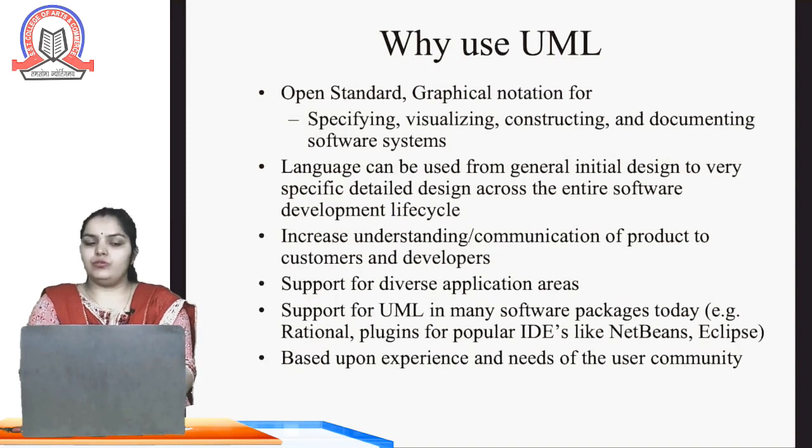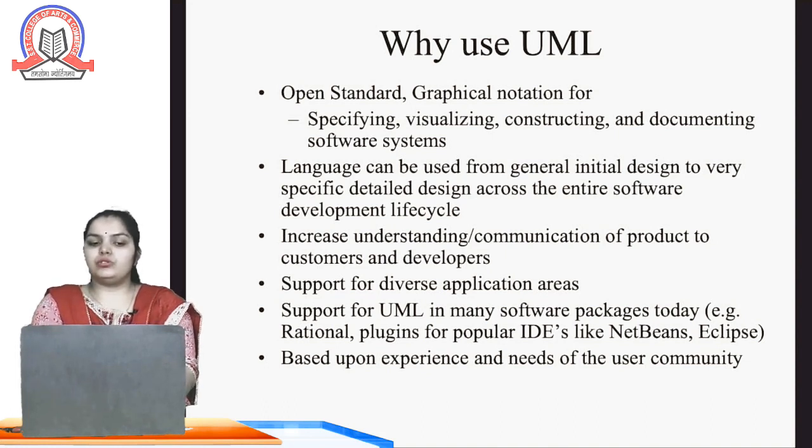Why do we use UML? We use UML for representing our system in graphical form. We use this language to initially design our specific detailed design across the entire software development life cycle. It increases the understanding and communication of the product between the customer and the developers.